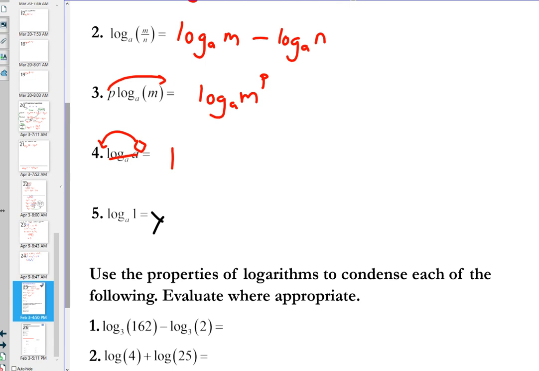We learned 2 days ago how to convert between logarithm and exponential. That means that I can say that A to the y power is equal to 1. Remember, we're looking for y. We want to know what this is equivalent to. We want to be able to evaluate that. So the question is, what power can I take any positive number to and get 1?